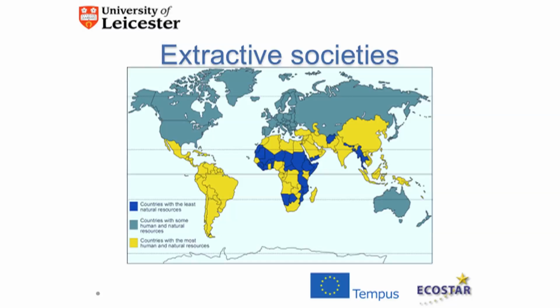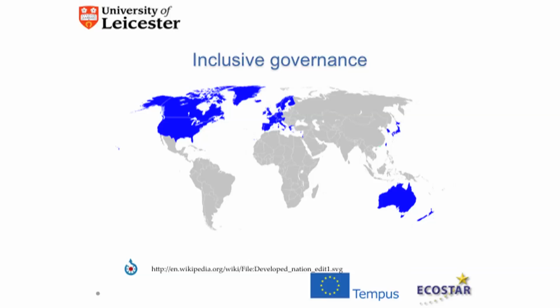And if we look just very briefly at a picture of where natural resources are in the world. The countries with the most natural resources are those coloured yellow. The countries with some natural resources are coloured that sort of muddy colour. If we then look at the next slide, it shows us where the wealthy countries are.